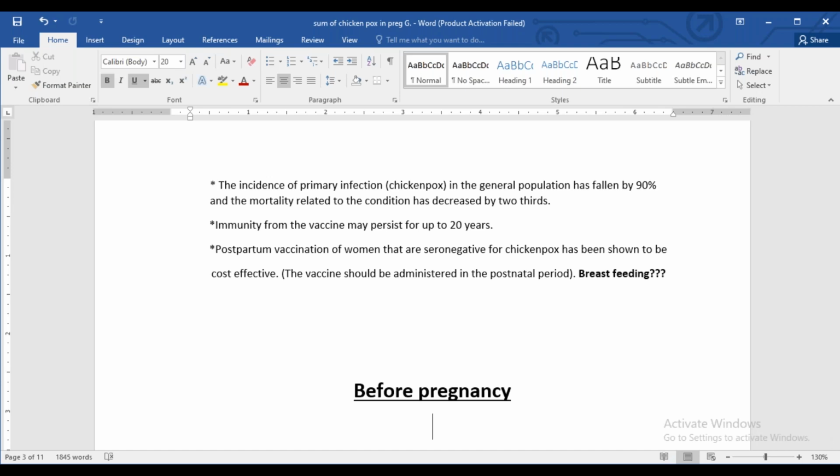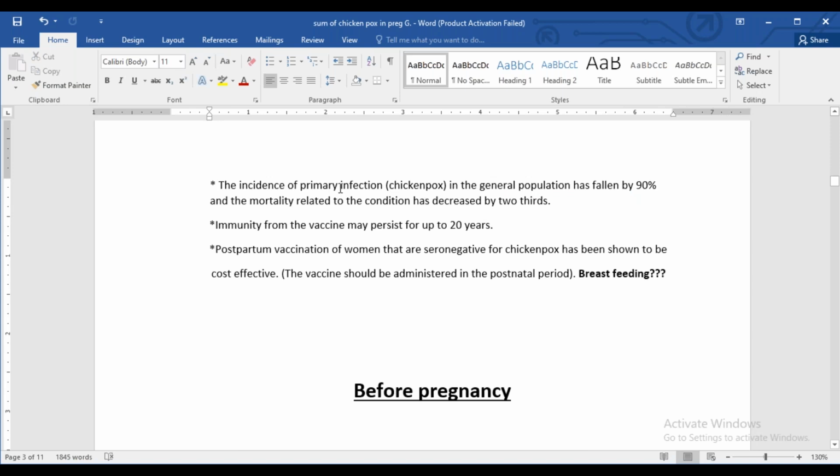The benefits of the vaccine, it's not very pretty much a point, but you have to take in mind that immunity from the vaccine may persist up to 20 years. 20 years after the vaccination, it gives immunity, okay?